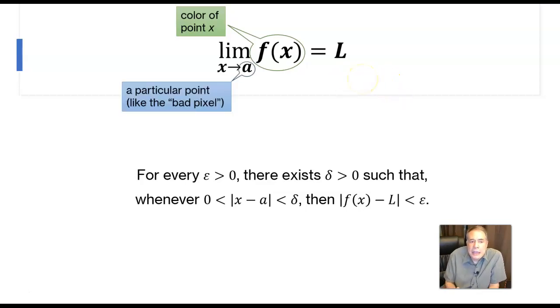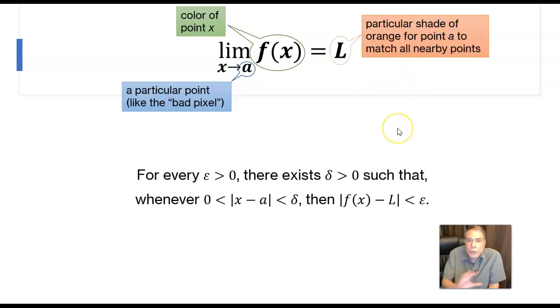And the a that you're looking at the limit at is the particular point we're interested in, like the point where there's a bad pixel. And then the L, what the limit actually is, is the particular shade of orange for point a to match all the nearby points, if there is such a particular shade of orange.